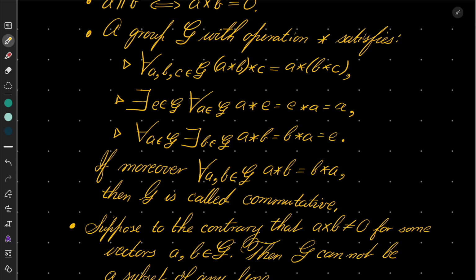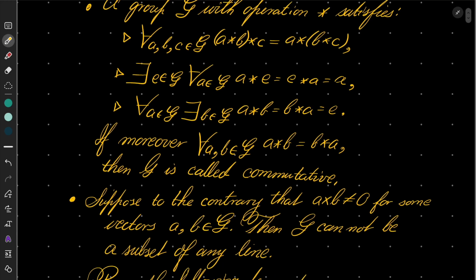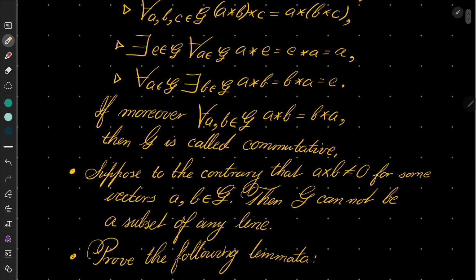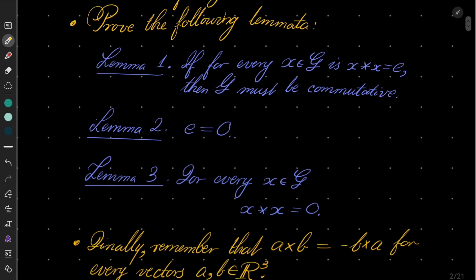Suppose to the contrary that A cross B is not 0 for some vectors A, B in our group. Then it should be pretty clear that G is not contained in any line, and then crucially prove the following three lemmata. The first lemma is very general.